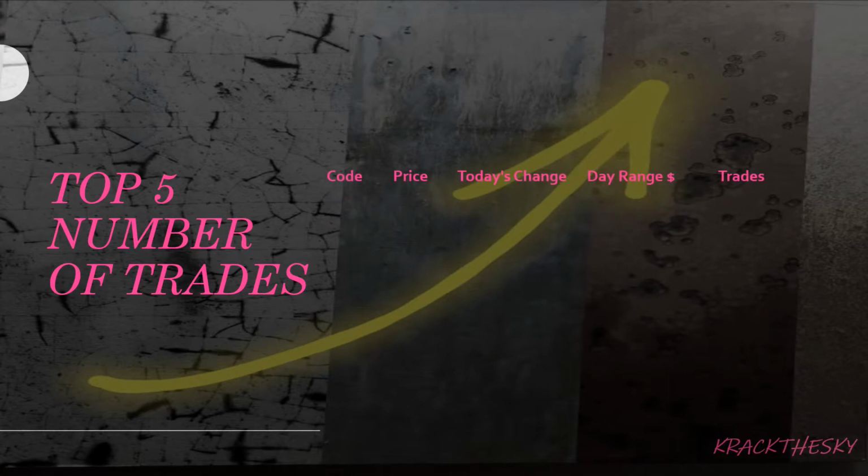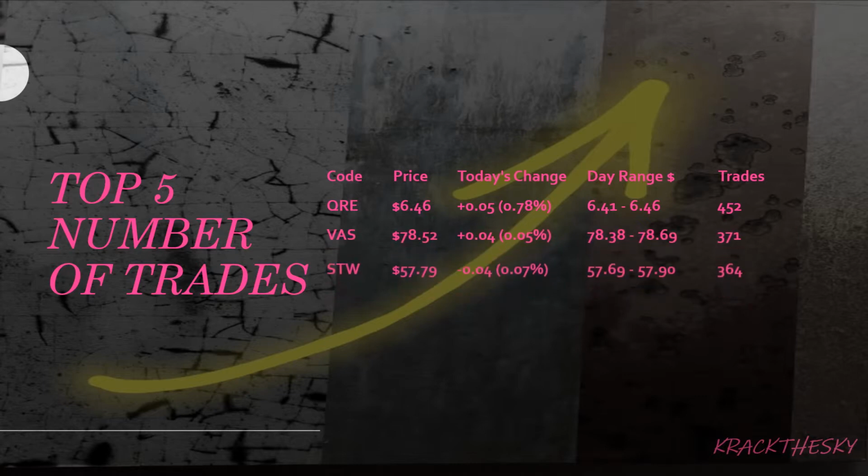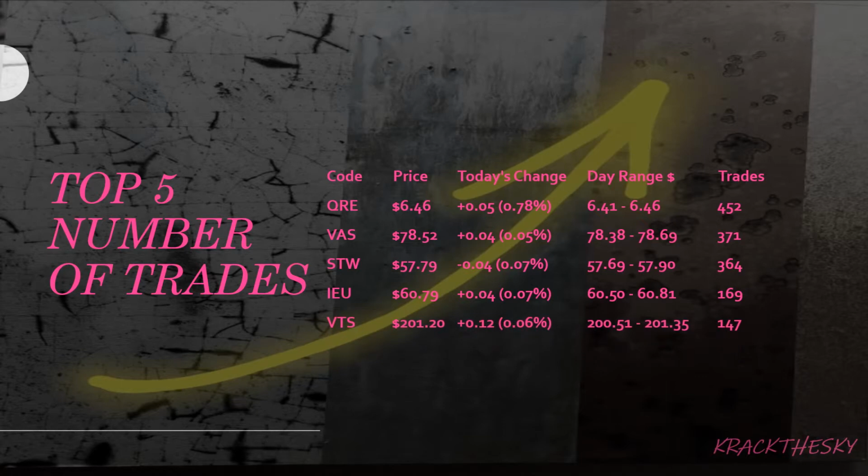So let's have a quick look at our top 5 number of trades. We had QRE, VAS, STW, IEU, and BTS. The QRE is the BetaShares S&P ASX 200 Resources Sector ETF. VAS was our Vanguard Australian Shares Index, focusing on the S&P ASX 300.